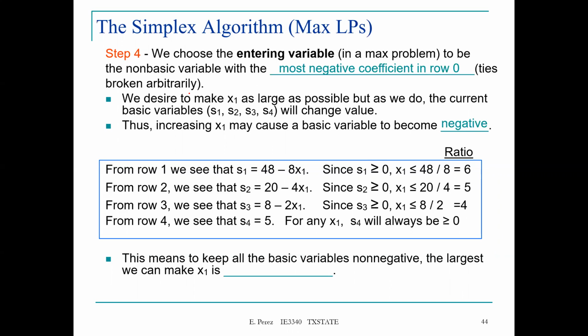From row 4, we see that s4 is equal to 5. So for any x1, s4 will always be greater than or equal to 0. Again, we want to keep s1, s2, s3, and s4 greater than or equal to 0. Those are the basic variables. They need to be positive. But as we make x1 an entering variable, we have to choose one of these 4 to leave the set of basic variables.